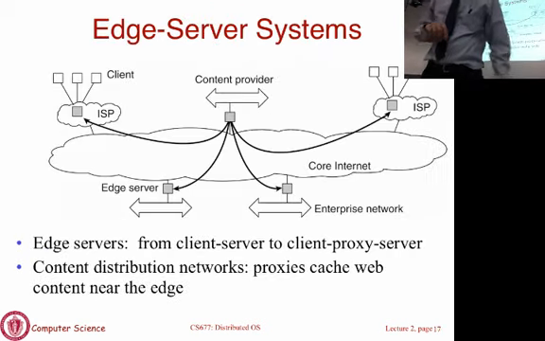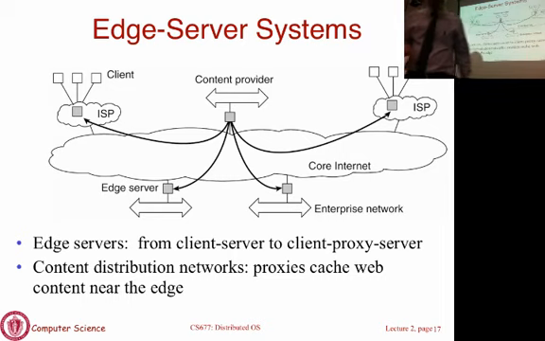Okay, so there are two more architectures and maybe only 5 minutes, so I'll go through this quickly. So we'll come back to this. So another architecture is, rather than just looking at what is referred to as a client-server architecture, you can have what is called a client proxy server architecture. Okay, so there are three components, not just a client and a server.